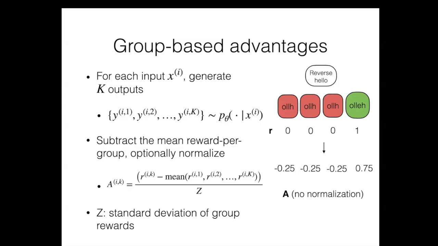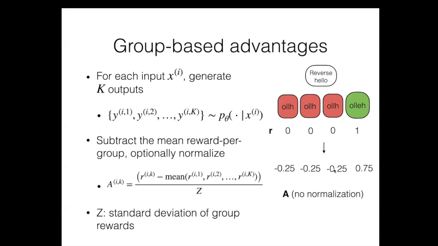And then if we take the mean and subtract, we would get these values here, right? Because the mean is 1 over 4, so 0.25. Okay, so you could see it has the effect of what I was saying before. It's going to assign a high reward to this correct one and lower rewards to the incorrect ones.